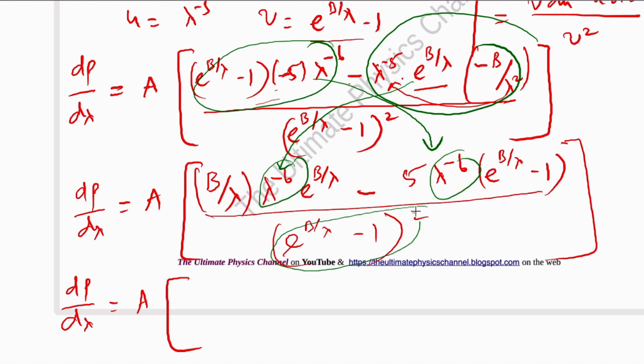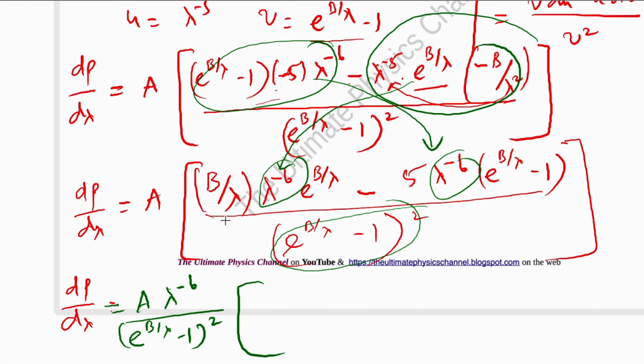So we have A lambda power minus 6 over e power b over lambda minus 1 whole square.